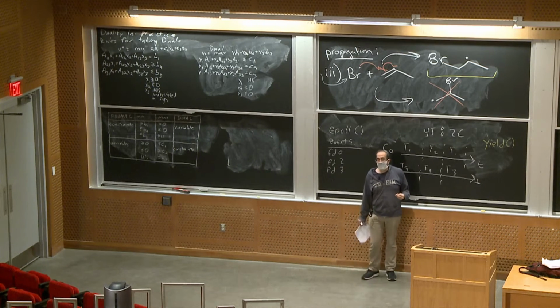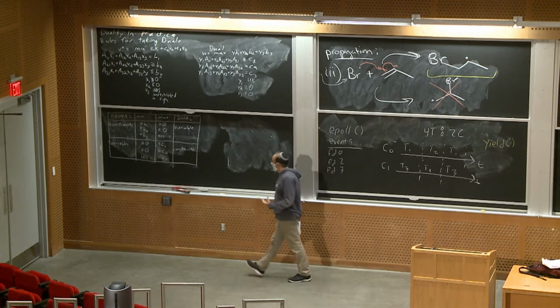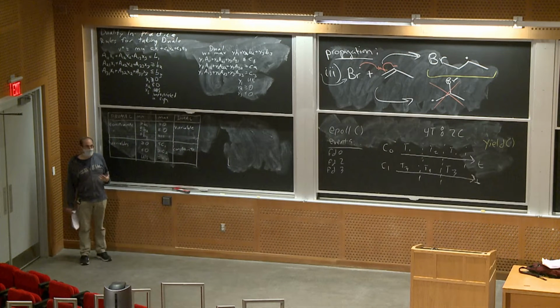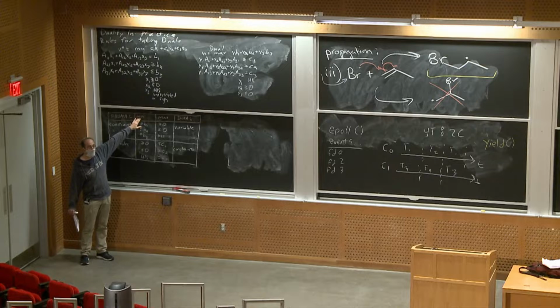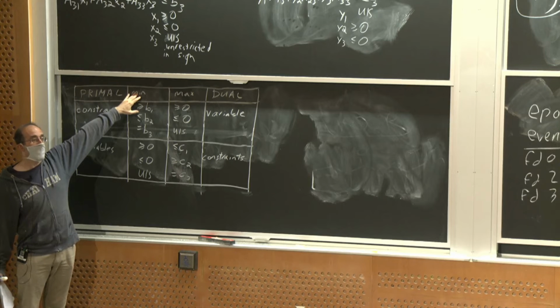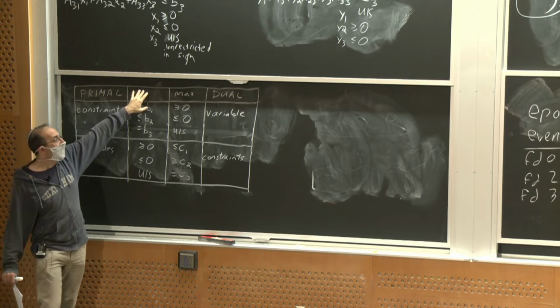So if I tighten the constraint in the primal, what is that going to do to the objective? It's going to make the objective worse, which is to say bigger, because this is a minimization problem. When I tighten constraints, the objective gets worse. What does that do to the dual? The dual objective has got to get better. Exactly.